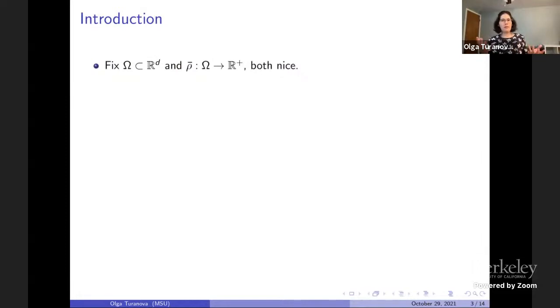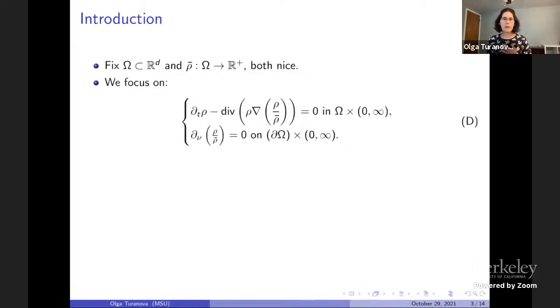So we're going to pick some nice domain omega in R^d and some coefficient rho bar that goes from omega to R plus, and both are nice. I don't want to say now how nice. So this is the PDE that we're looking at. Notice it's a time dependent degenerate diffusion type PDE.